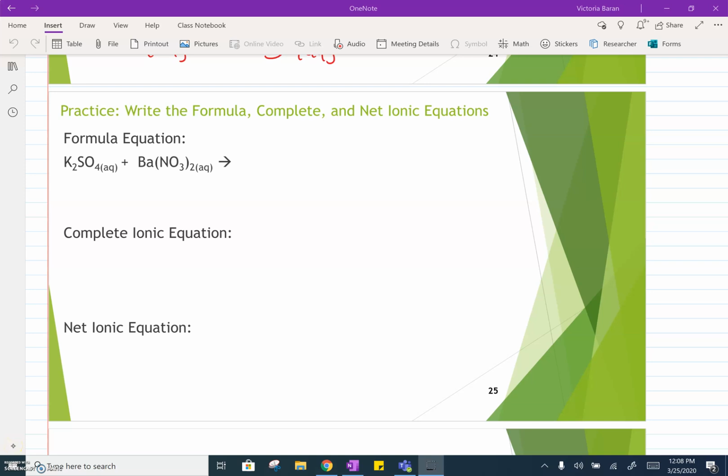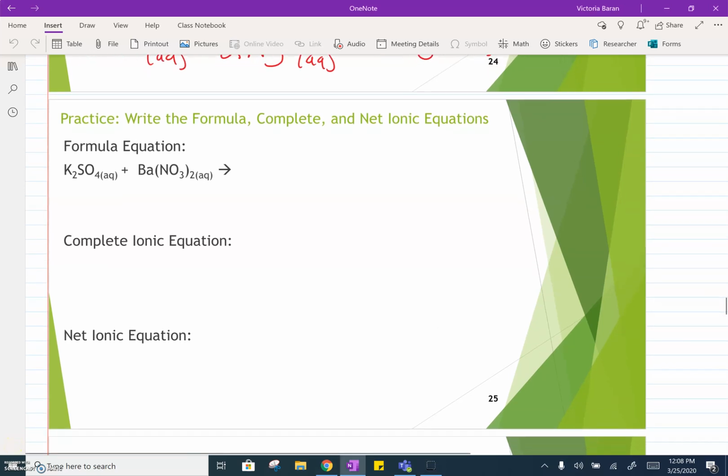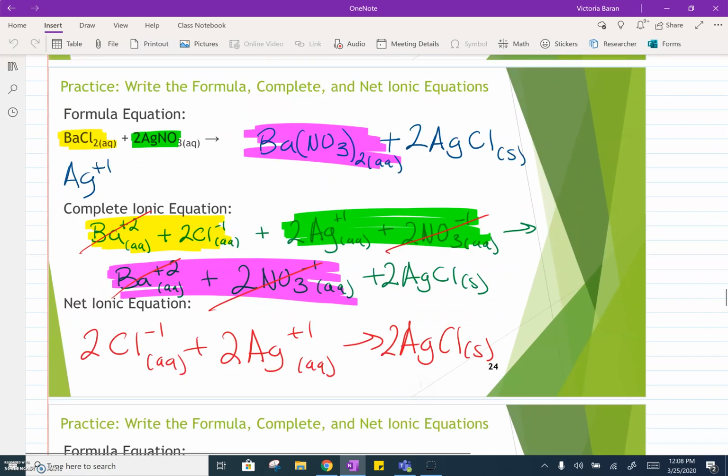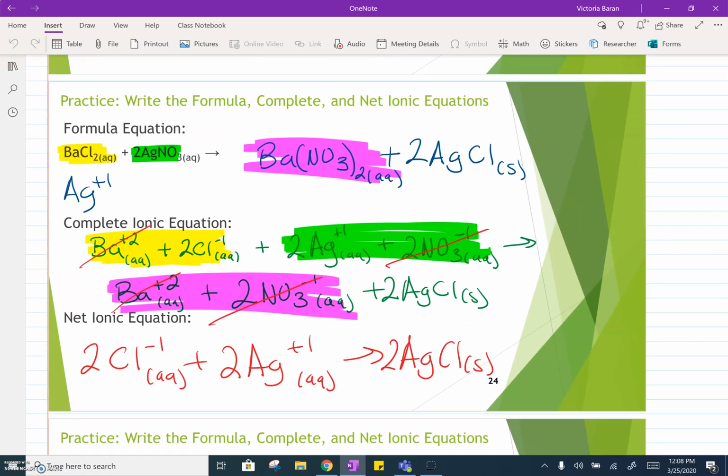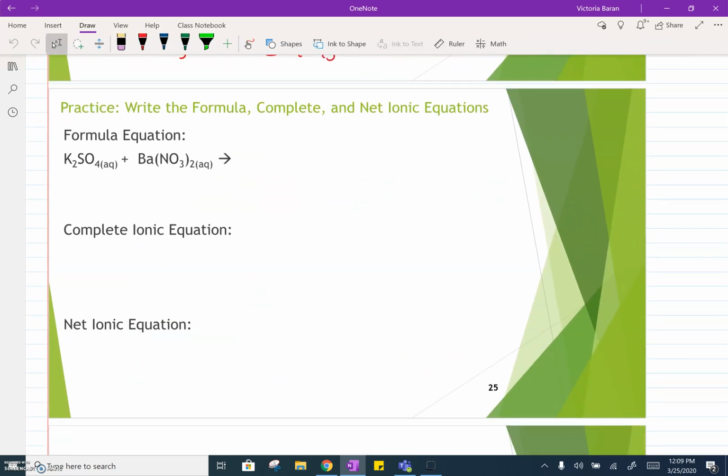All right, so I'm going to continue with another example for how to write the formula equation, complete ionic equation, and the net ionic equation, okay? So in this example here, again, we need to write the products first, and you can assume a double replacement reaction.